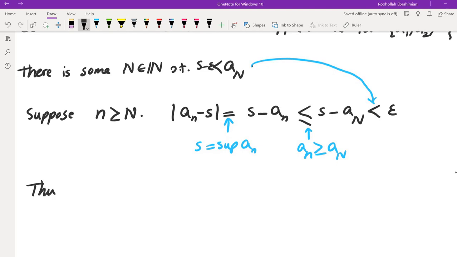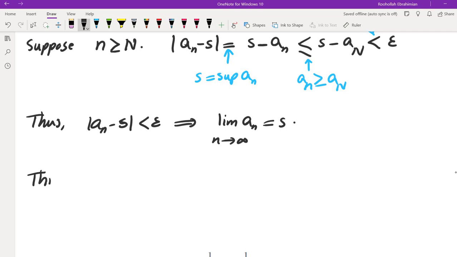So that means S minus A_n is less than epsilon, which means the limit of A_n is in fact S as n approaches infinity. So A_n converges to S. So this proves part A of this theorem.